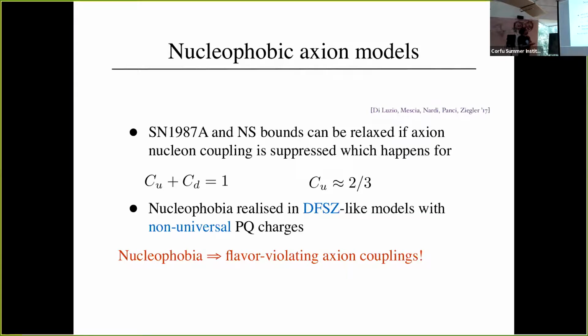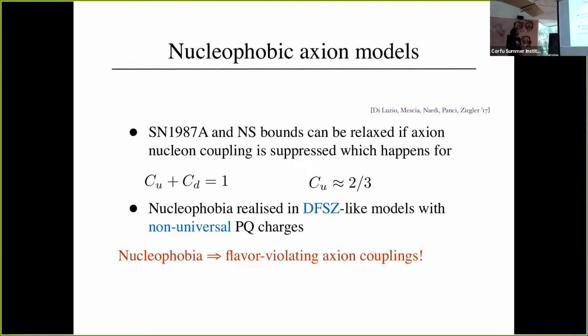And this happens when these two relations for the coupling of axion to up and down quark are satisfied. And this cannot be done in standard axion models. I mean, one of them could be satisfied, but not both simultaneously.